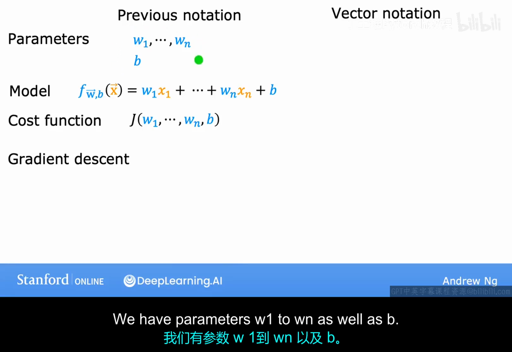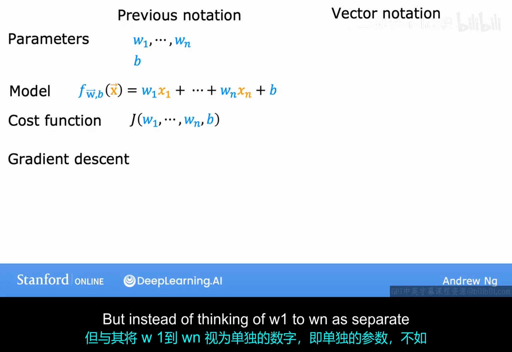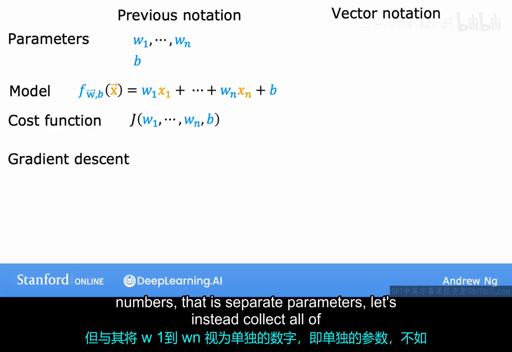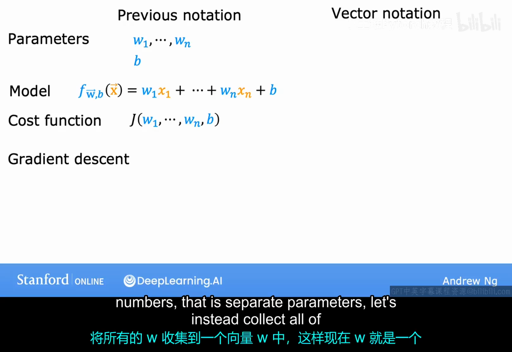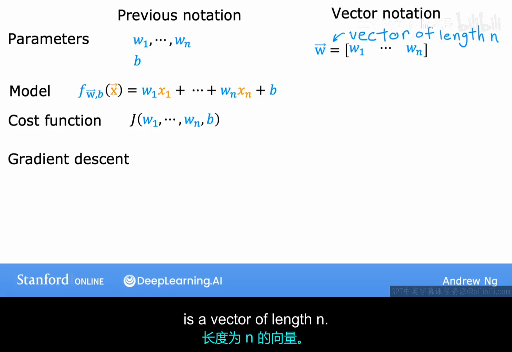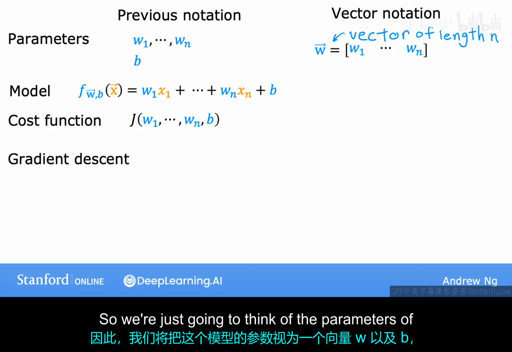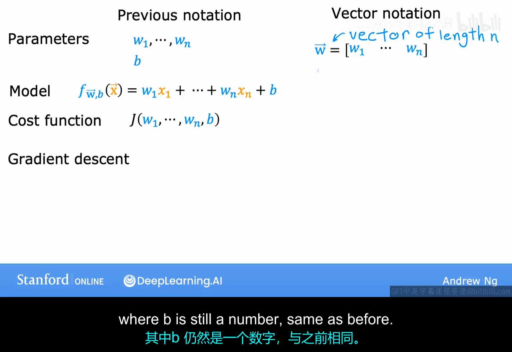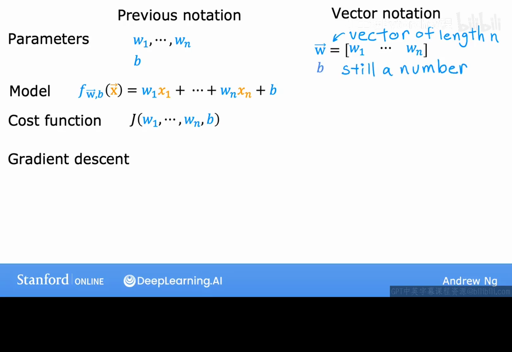We have parameters w1 to wn as well as b, but instead of thinking of w1 to wn as separate numbers, that is, separate parameters, let's instead collect all of the w's into a vector w, so that now w is a vector of length n. So we're just going to think of the parameters of this model as a vector w, as well as b, where b is still a number, same as before.